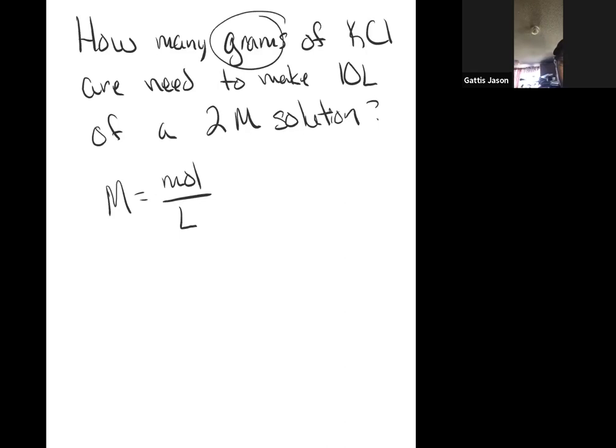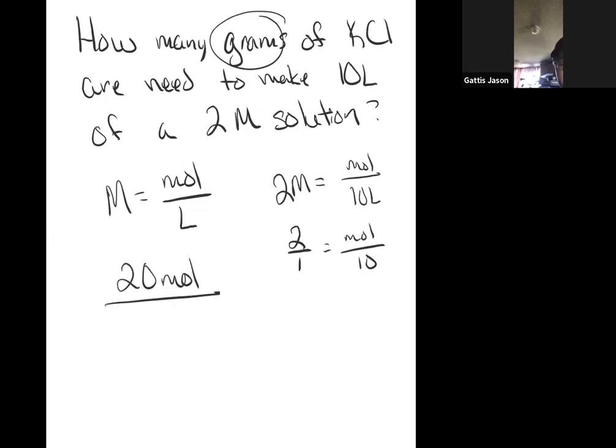So first we have our molarity, which is 2. We have moles unknown, but we have volume, which is 10 liters. Again, it can be 2 over 1 equals moles over 10. Cross multiply, that means it's 20 moles is the answer here. But we want grams. So we have to find the molar mass of KCl. Let me erase that line, it's going to be confusing.